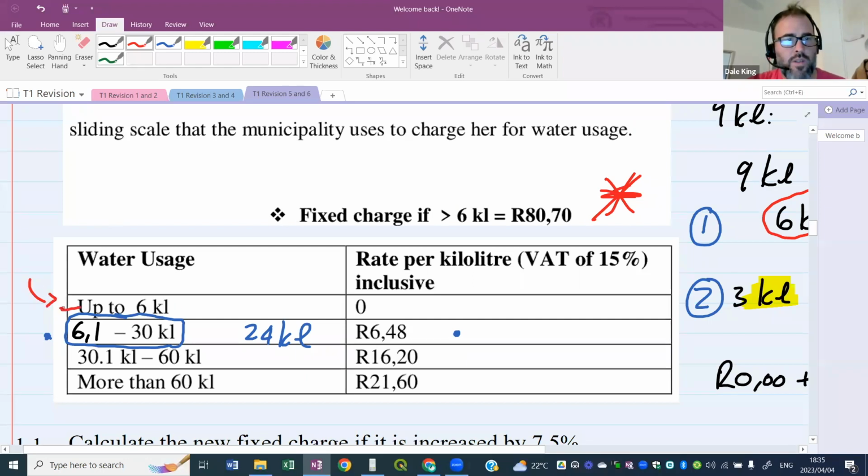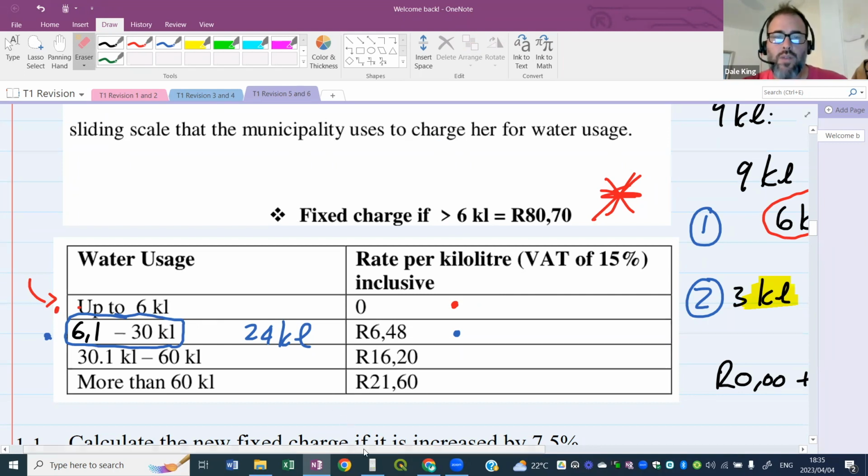This first row says that if you use from 0 up to 6 kiloliters of water, look at the right-hand side here. How much do you charge for that? Sina, if you're using up to 6 kiloliters, how much do they charge? They charge 0, hey? So there's no charge for water from 0 up to 6 kiloliters.